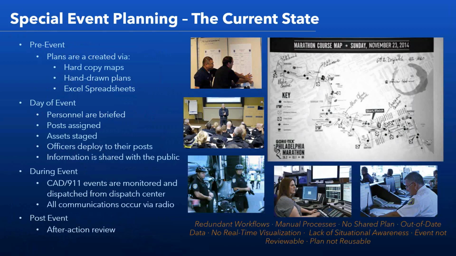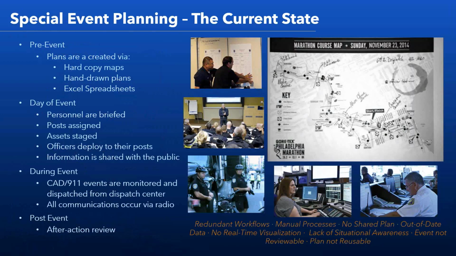This all leads up to the day of the event, where event personnel are briefed on the ground. Assignments are made where they're going to be posted to, and your assets for the event are staged. Officers then deploy to their posts, roads are closed, etc. Information about closures may or may not be shared with the public depending on the agency and the event.